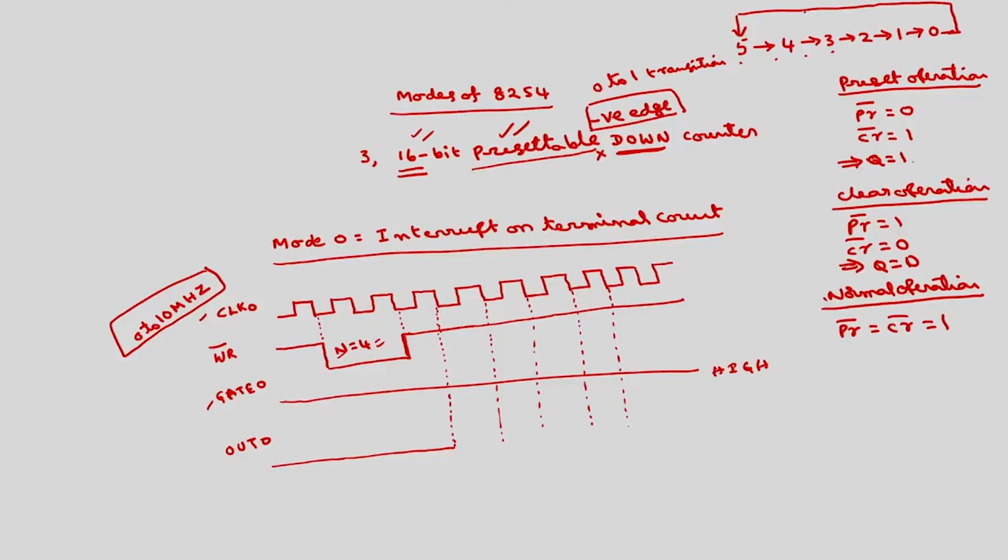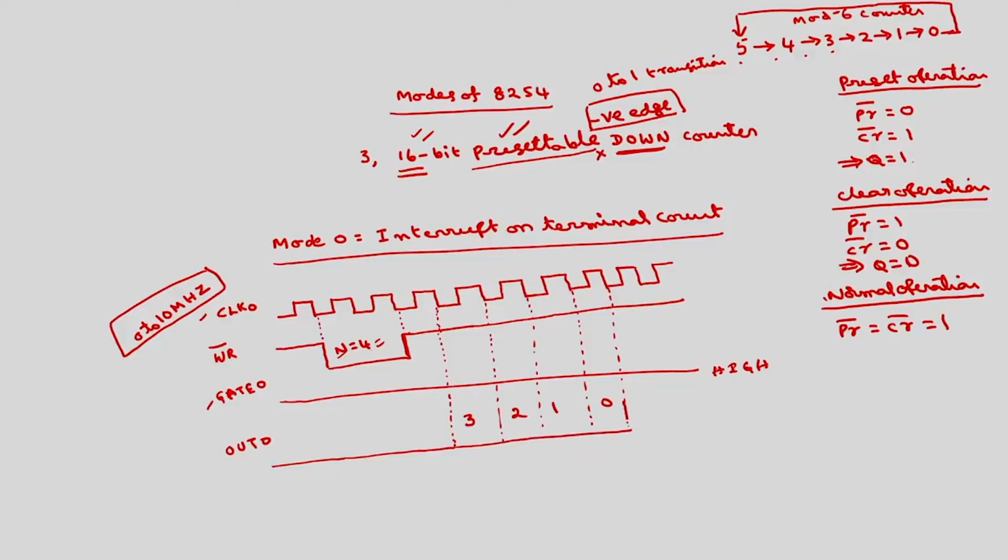Normally a mod 6 counter means 0 to 5. So this will be 3, 2, 1, 0. Till 4 clock signals, out will remain low only.